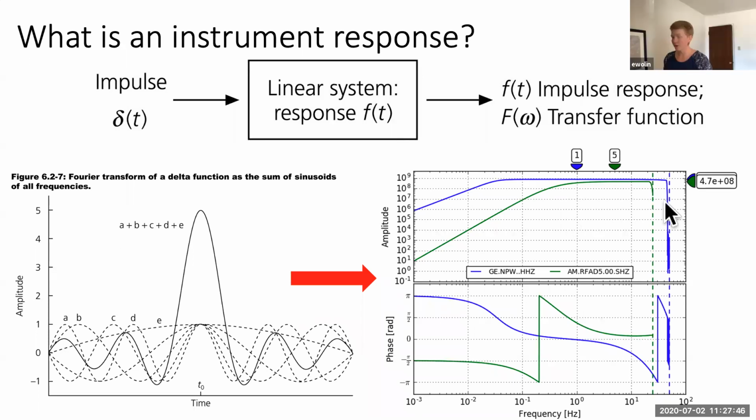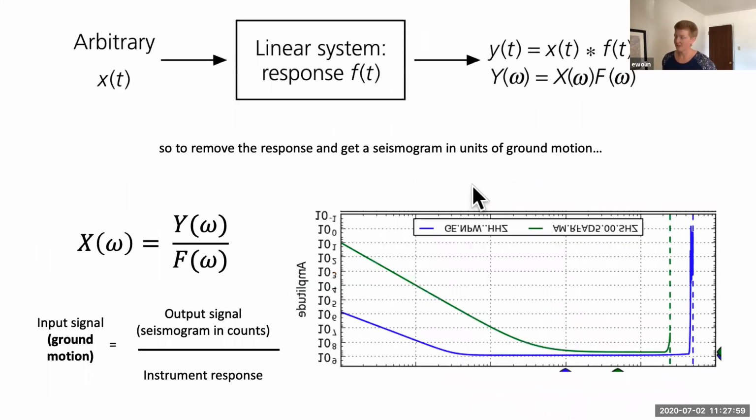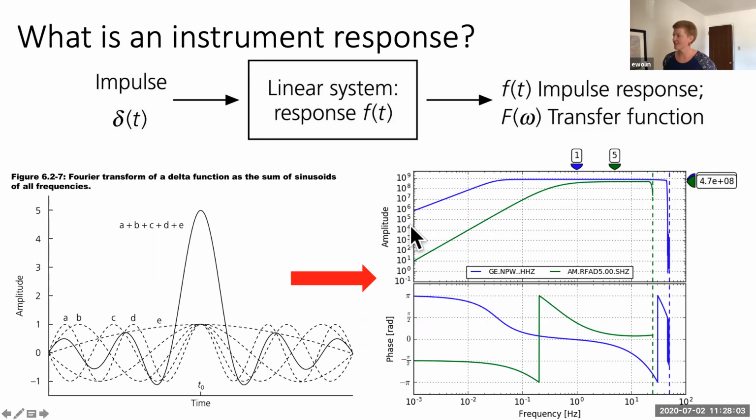Okay, great questions. So the first one, talking about the flat part of the response, this is an indication of what this sensor is designed to record, right? So you can certainly measure signals outside of the flat part of the response, right?